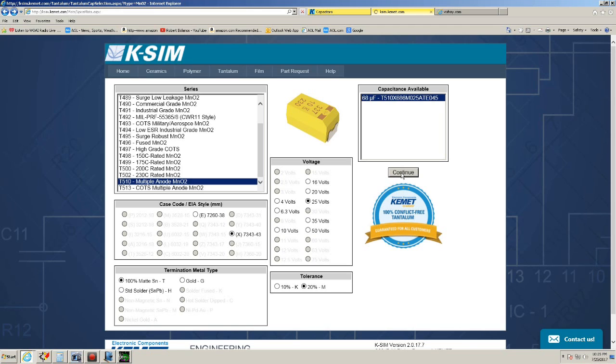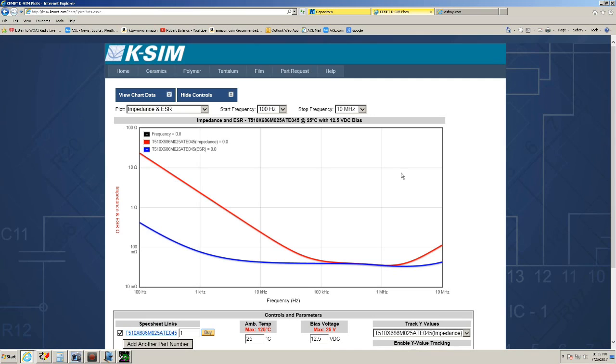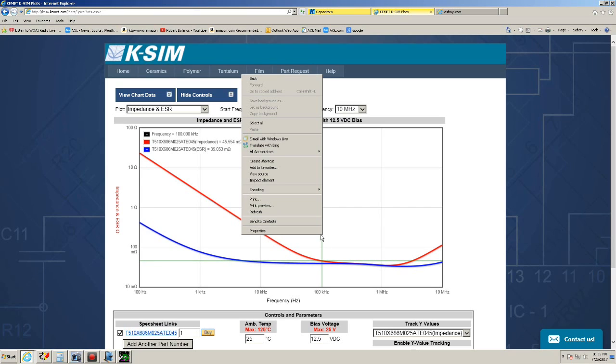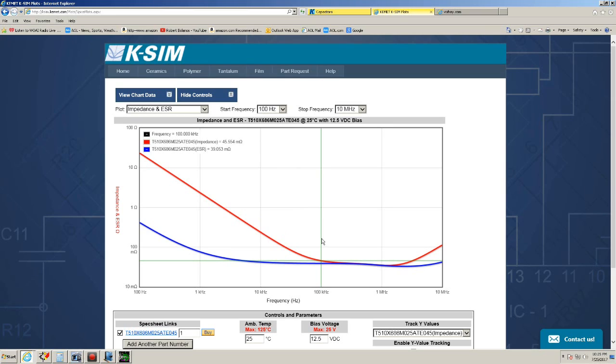So then you come here, and this is the switching frequency that we're operating at, 100 kilohertz. If you notice, there are two capacitors with approximately close to 45.